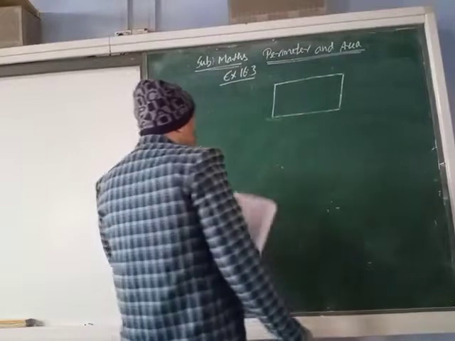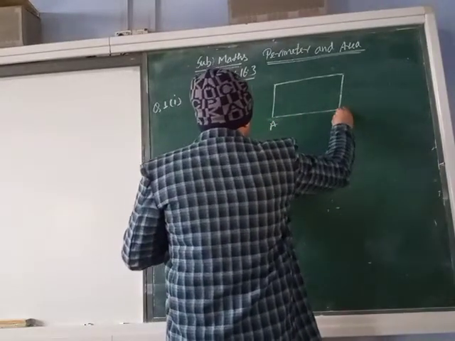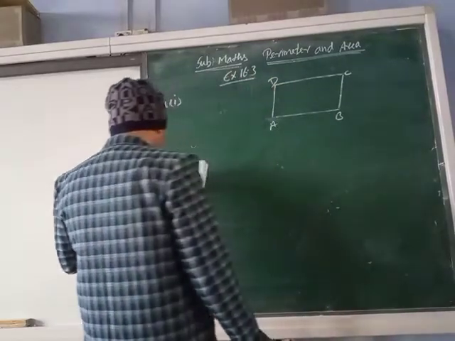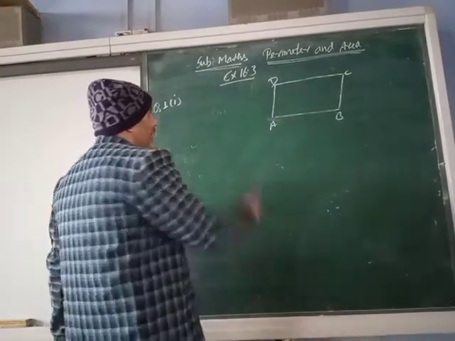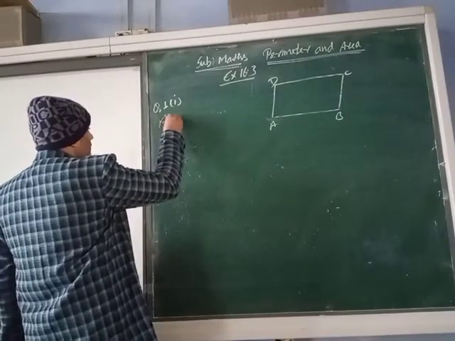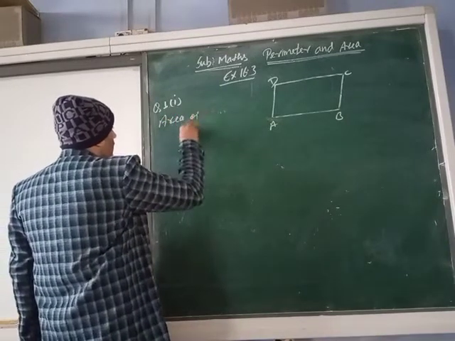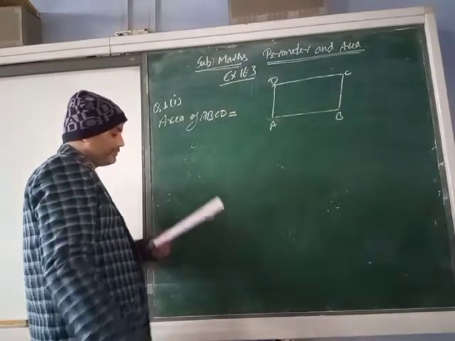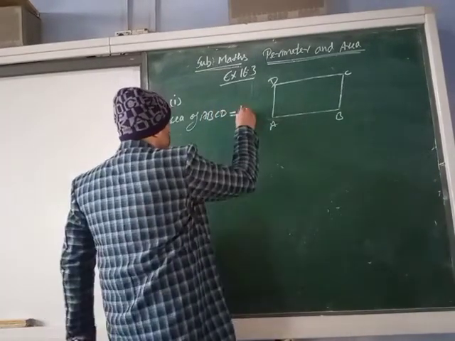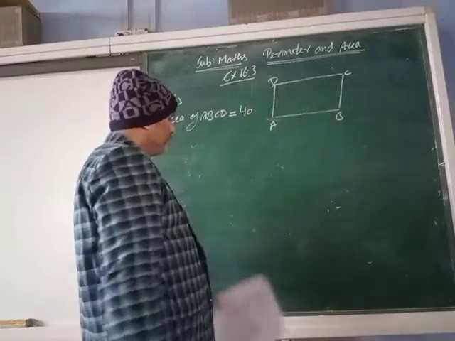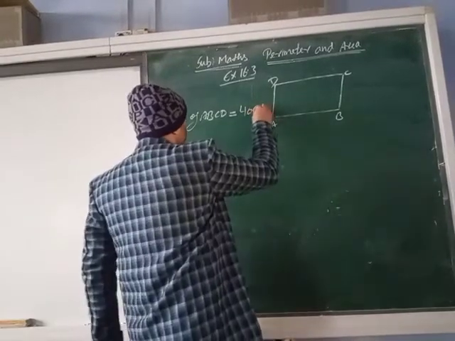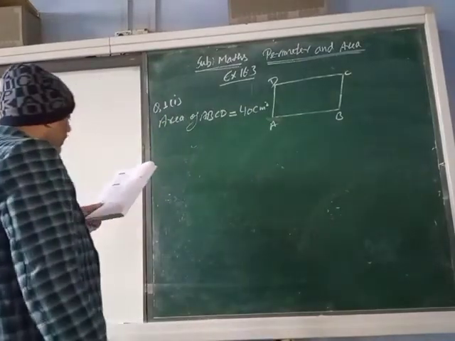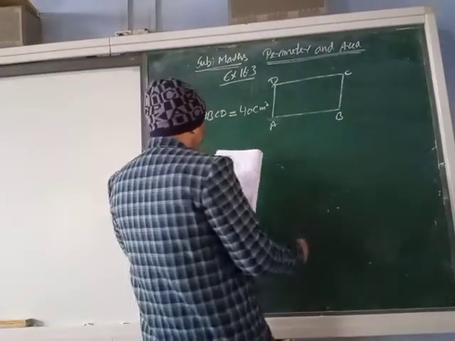This is the rectangular piece A, B, C, D, and the area is given. Area of A, B, C, D is 40 centimeters square, and we have to cut out three smaller squares.